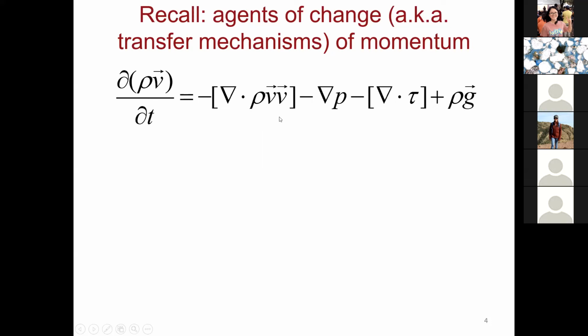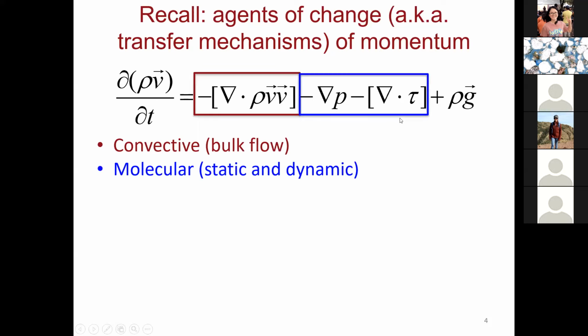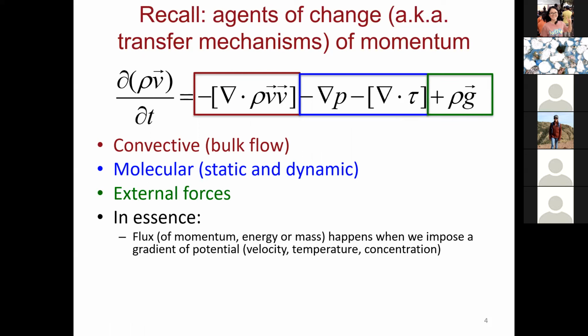So this portion, if you remember, was the packet of fluid that moves into my control volume, and there's a change in momentum associated with it. The gradient of pressure can change momentum, and then also the friction between different layers of fluid, which was the viscous term. So I have convective, molecular, and external forces.